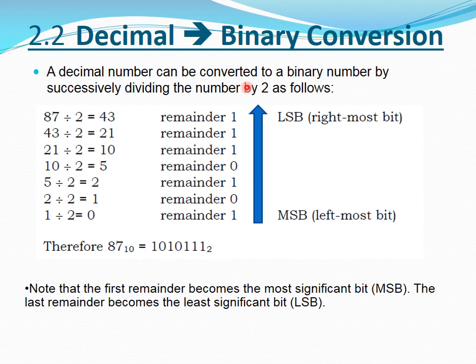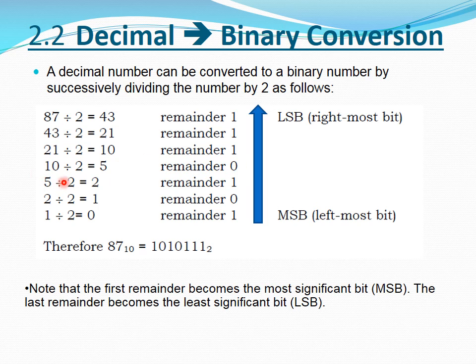A decimal number can be converted to a binary number by successively dividing the number by 2 as follows. 87 divided by 2 is 43, remainder is 1, and 43 divided by 2 is 21, remainder is 1, and 21 divided by 2 is 10, remainder is 1, and 10 divided by 2 is 5, remainder is 0.